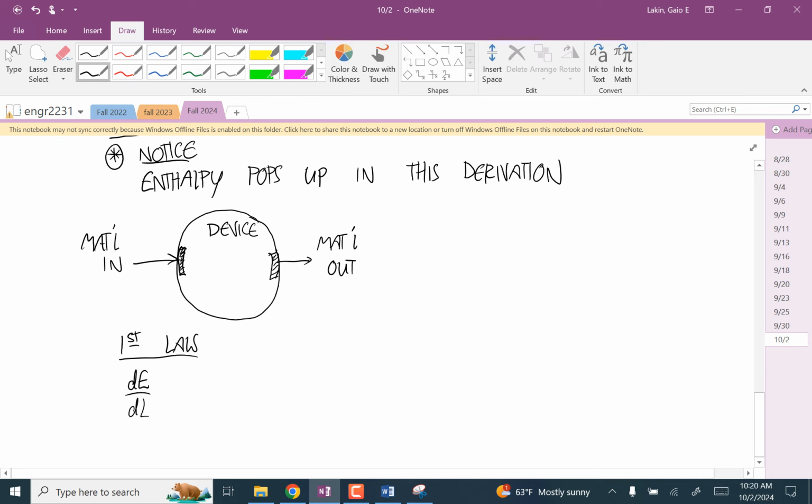The time derivative of the energy in the control volume is equal to the rate of heat transfer into the control volume minus the rate of energy out of the control volume.